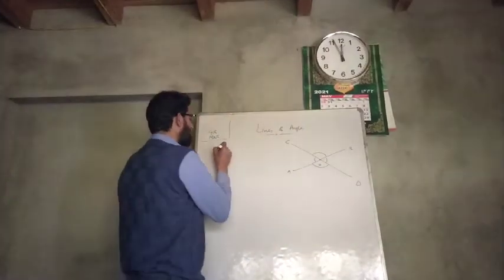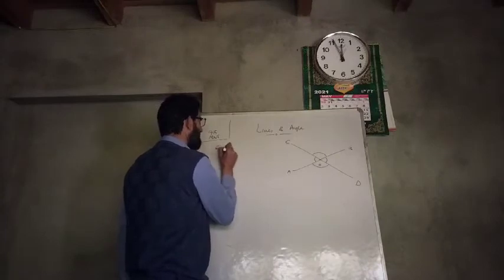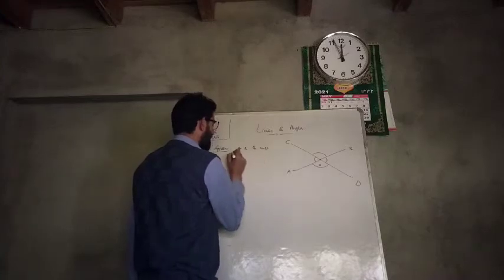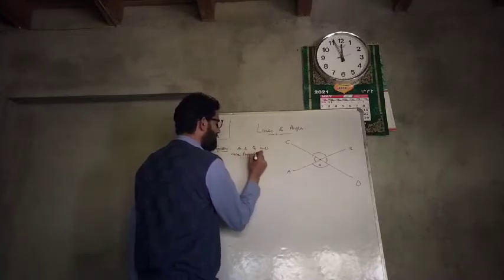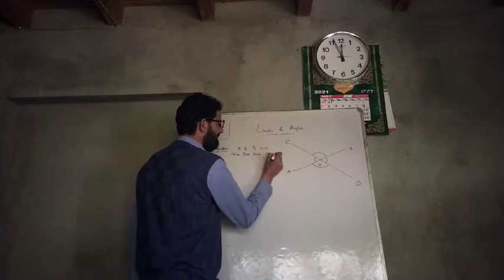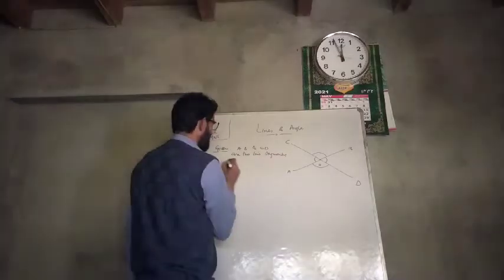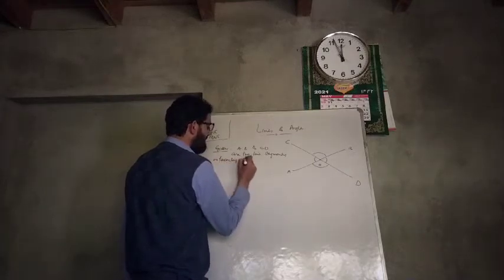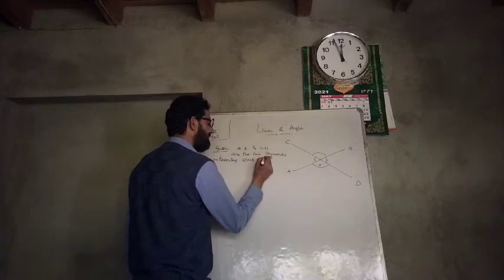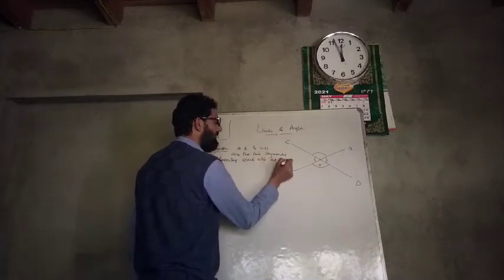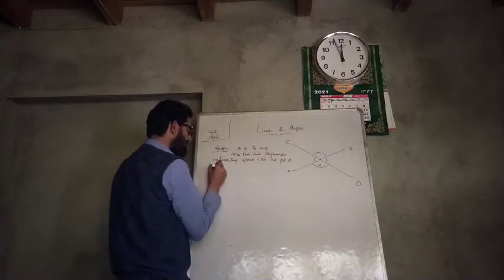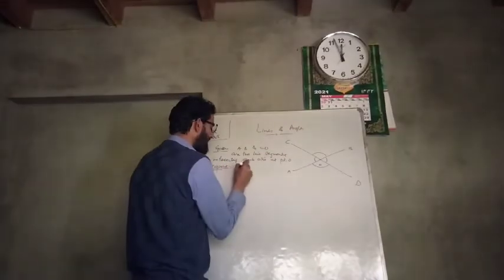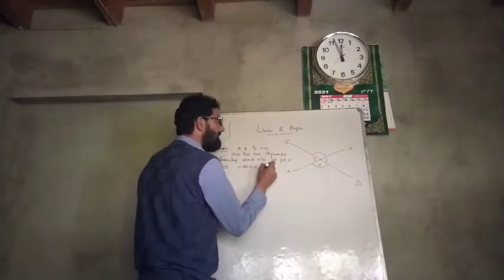So what is given? Given: two line segments AB and CD intersecting each other at point O. To prove: angle AOC is equal to angle BOD.